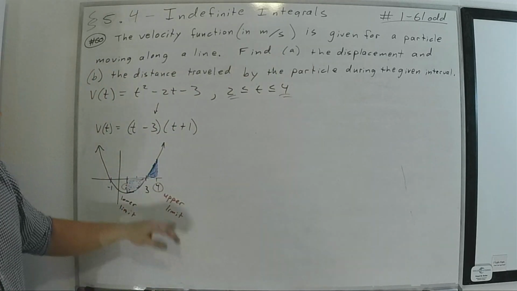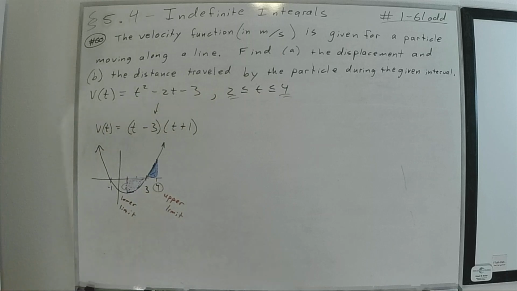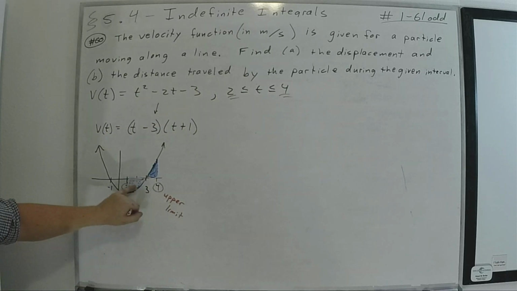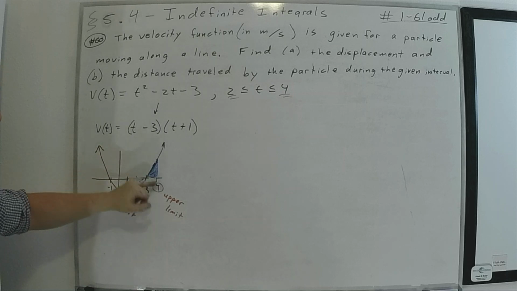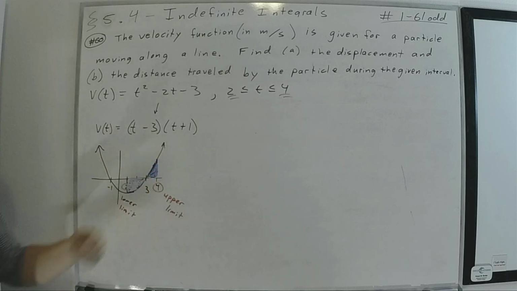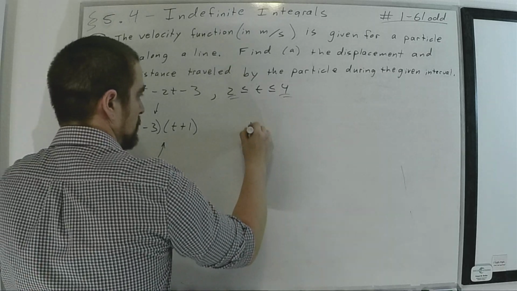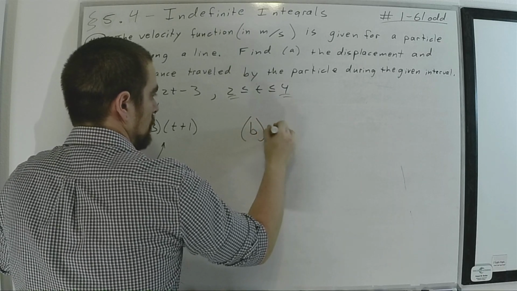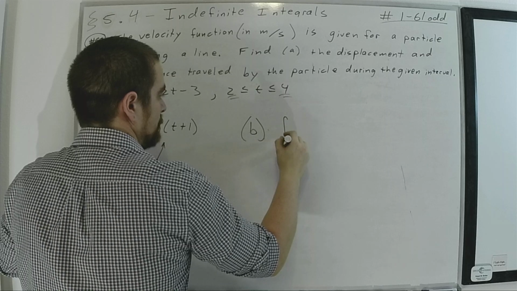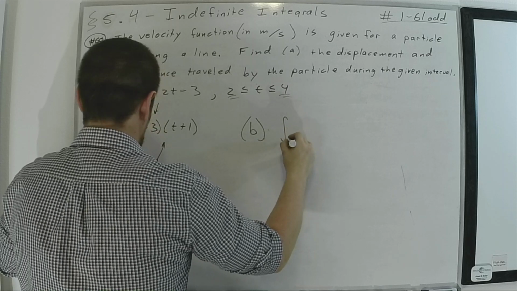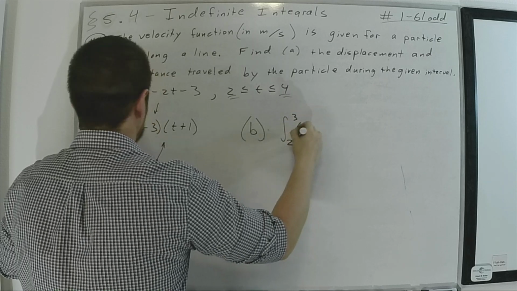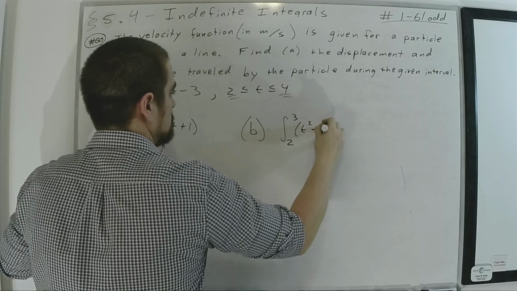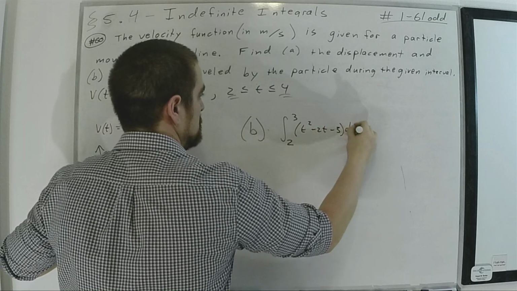So when it comes to seeing how far that particle moved during that interval, we're going to have to take that into effect. We're going to have to make this negative area positive, and take this positive and just leave it as is. So for part B, we want to integrate our velocity function from 2 to 3, which is t squared minus 2t minus 3 dt.